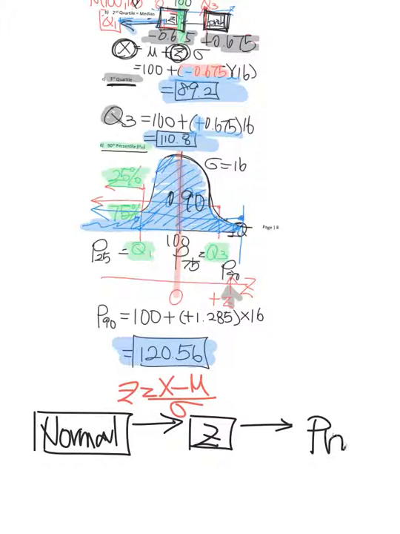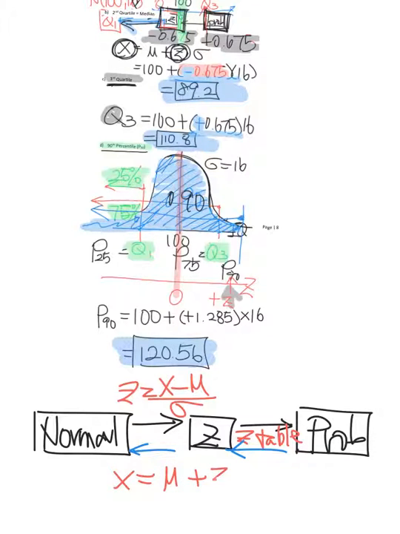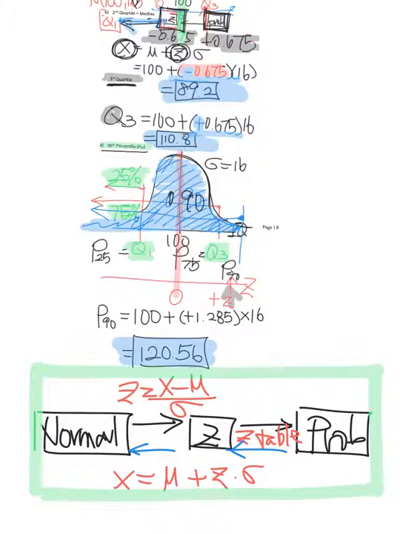Then take the probability from the z-table. Even the reverse way, we can take the z-score from a probability, and we can take any score from any kind of normal distribution using the formula x equals mu plus the z-score times sigma. Okay, so please remember this map. We can take anything.